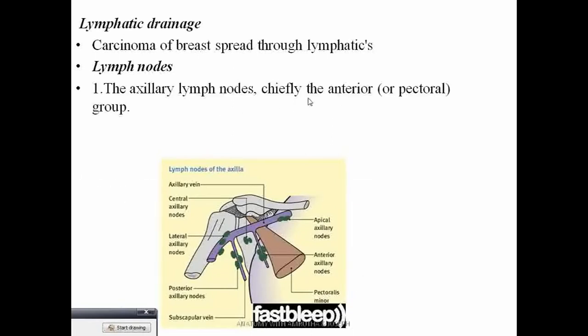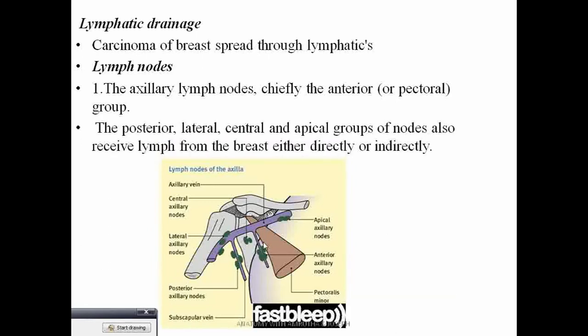Axillary lymph nodes, chiefly the anterior pectoral group. So the main drainage is the anterior or pectoral group, which lies along the pectoralis minor muscle. Then other groups like the posterior group, which lies along the subscapular vessels.